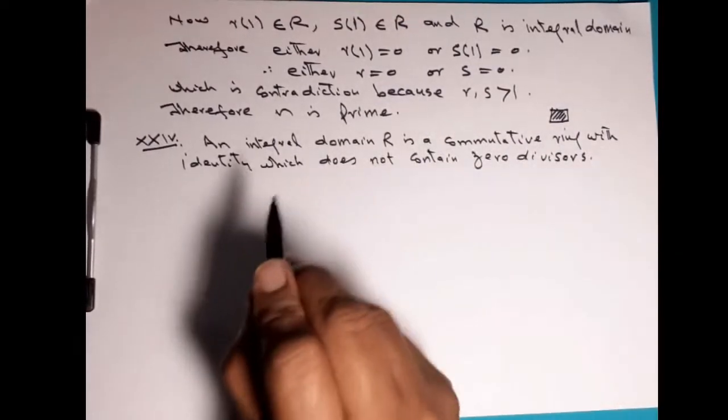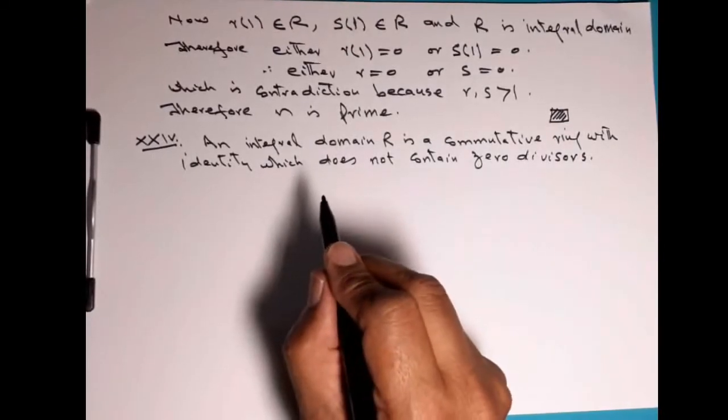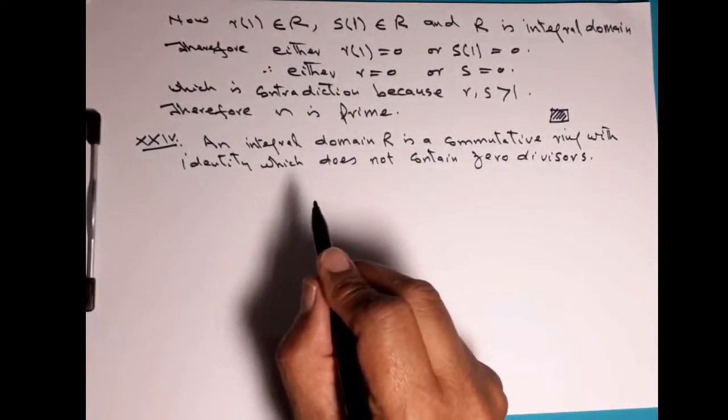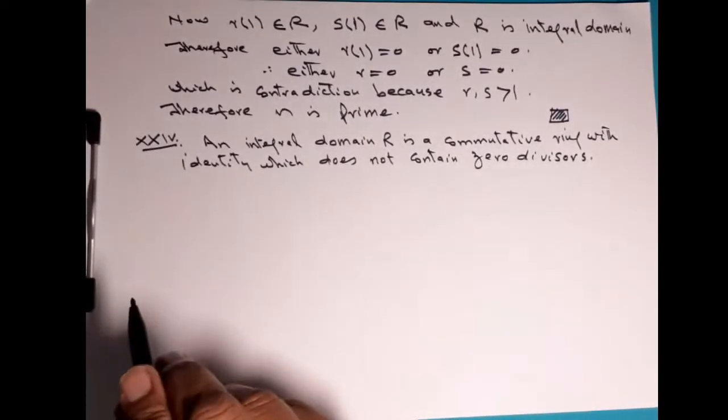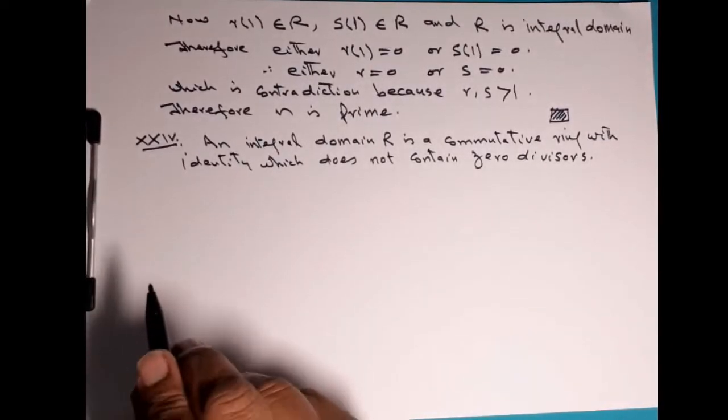Zero divisors are non-zero elements whose product is equal to 0. As in Z6, 2 and 3 are non-zero and their product is 0. So 2 and 3 are zero divisors in Z6.